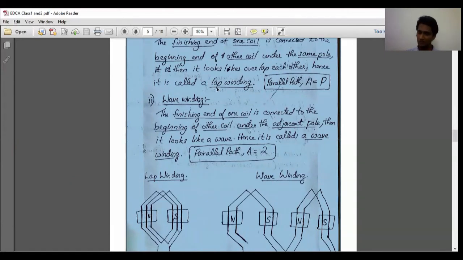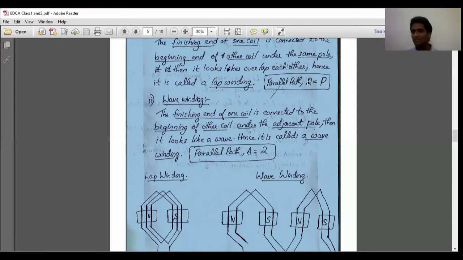One more thing we have to understand is that the number of parallel paths in a machine depends on the type of armature winding. So we have two types of windings: lap winding and wave winding. In case of lap winding, the number of parallel paths is equal to P. Think like that, then you will not forget.